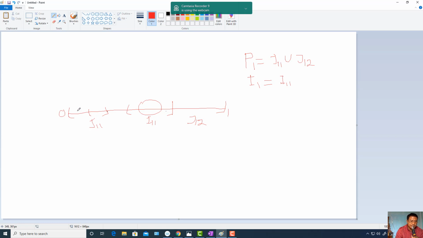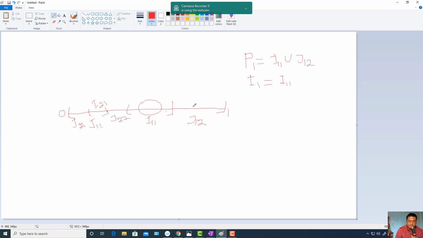Let us call this part J21, this one J22, and the middle third open interval I21. All of them have the same length 1 by 3 square.